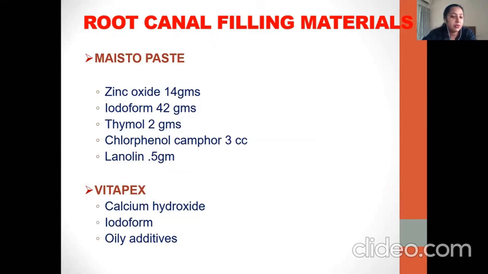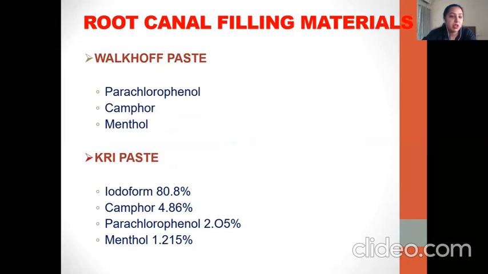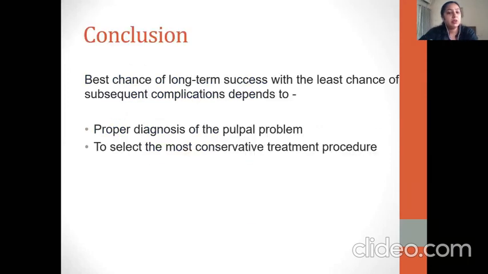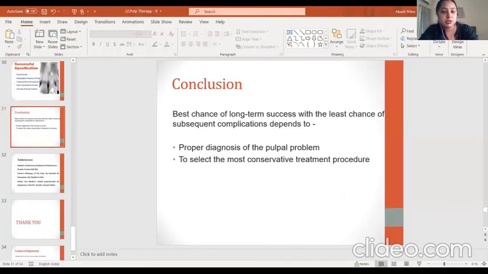Calcium hydroxide, iodoform, and it has some silicone-based material. Walkhoff paste, KRI paste, and now to conclude, first of all, you should have a proper diagnosis of the pulpal problem, and the treatment should be as conservative as possible.